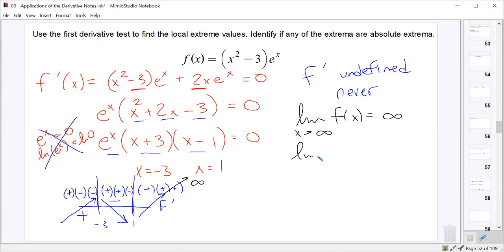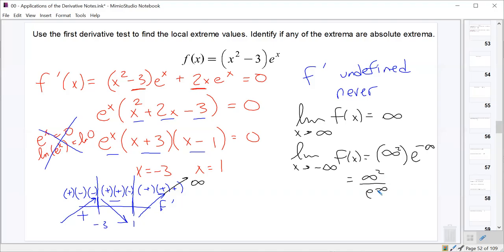But if I looked at a limit as x approaches negative infinity of f of x, we have negative infinity squared minus 3, which is infinity, times e to the negative infinity. And this is effectively an infinity squared here. And if I have e to the negative infinity, that's like 1 over e to the infinity.